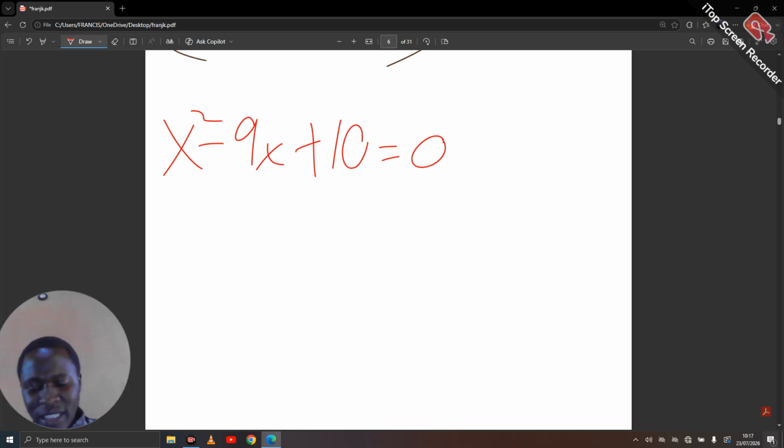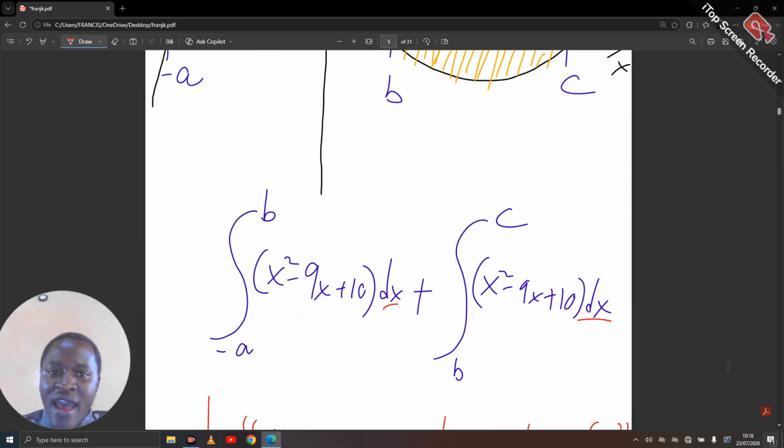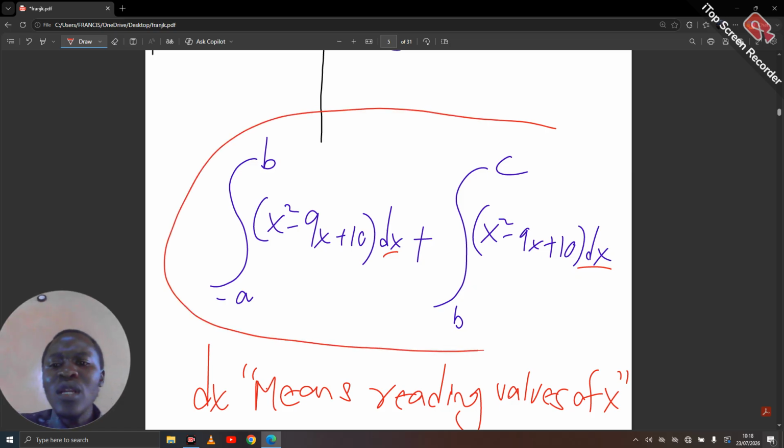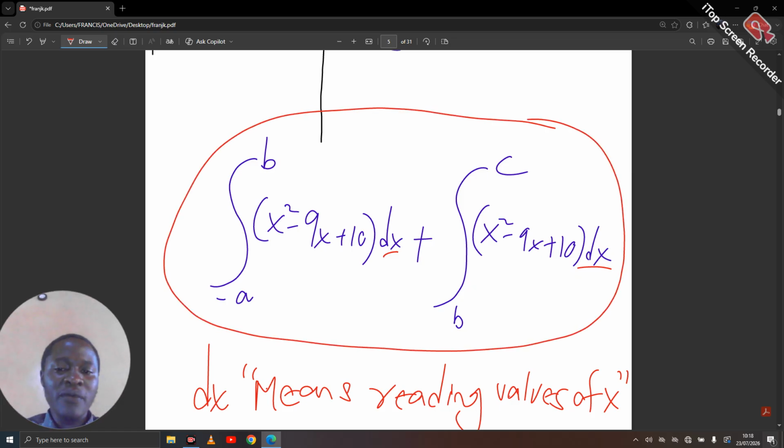Now to get the answer, you integrate each phase at a time and later add them together. This one will be very long work, so you have to minimize your handwriting if it is always big, and you have to be keen.